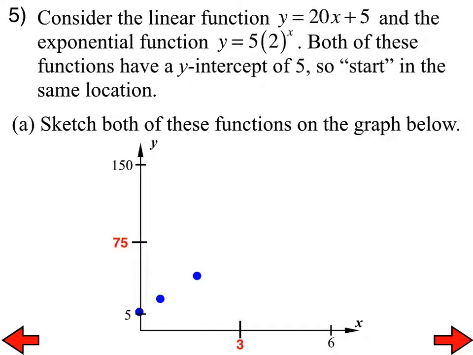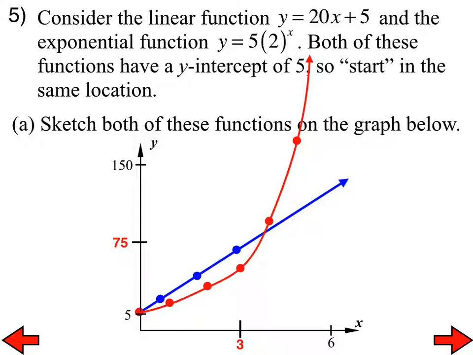Using the same ordered pairs, there's my linear function, and then my exponential function, and I actually added an extra ordered pair to each one, but that's approximately what your sketch should look like. So if we were asked questions based upon a graph, that is a much better graph than the previous one. So sometimes using a different scale will clear up specific things.